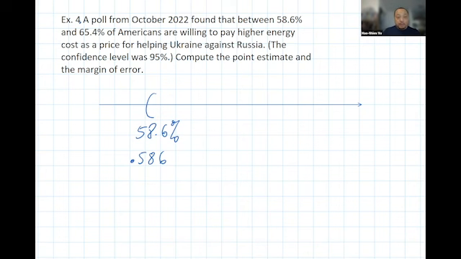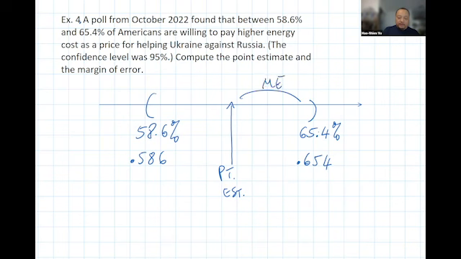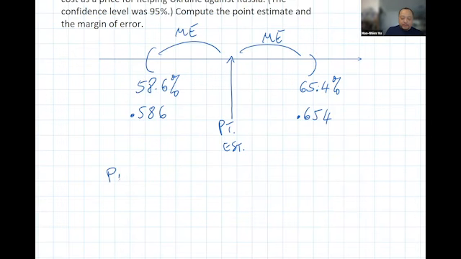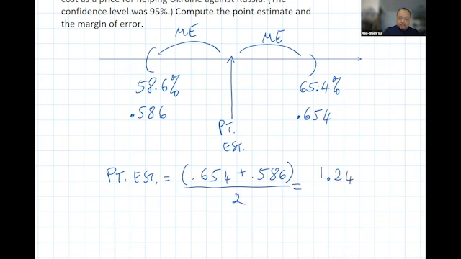The other endpoint is 65.4%, which in decimal form is 0.654. The point estimate is right in the middle, and the margin of error is here and here. Therefore, the point estimate is the average of these two numbers, which is equal to 1.24 divided by 2, which is 0.62, or 62%.